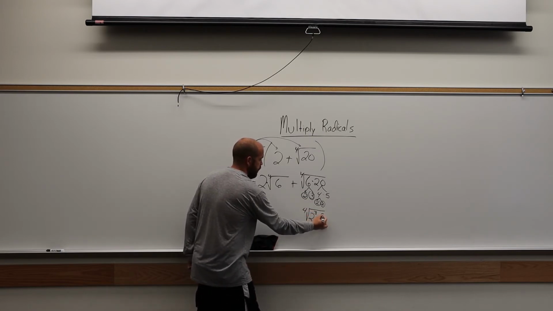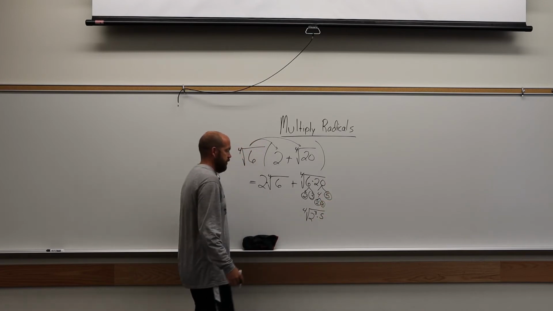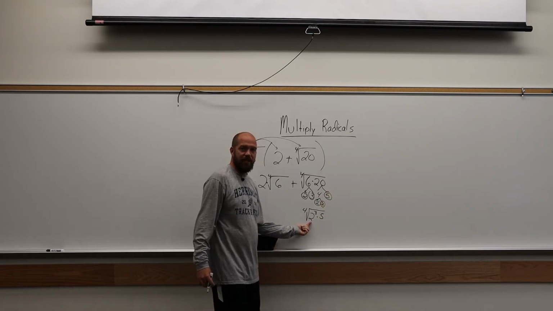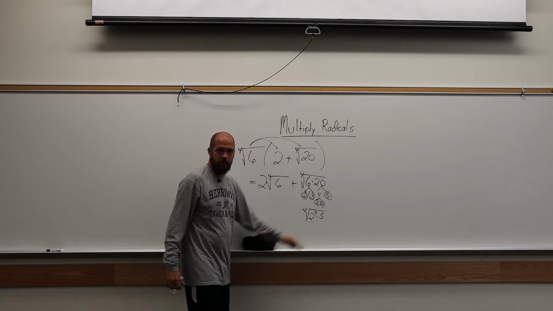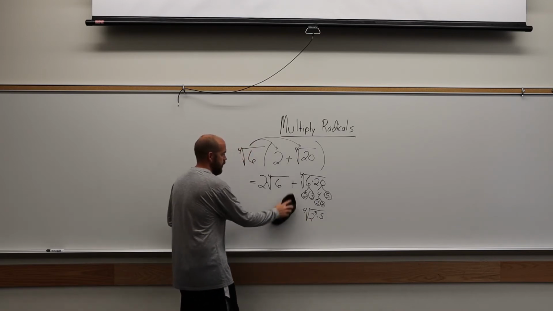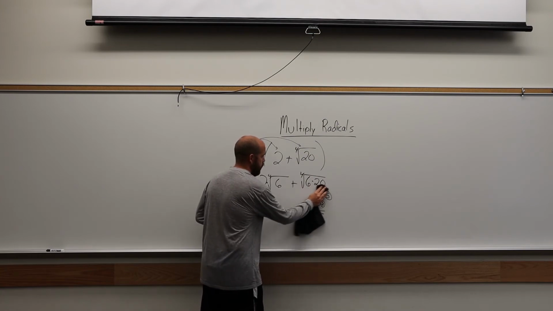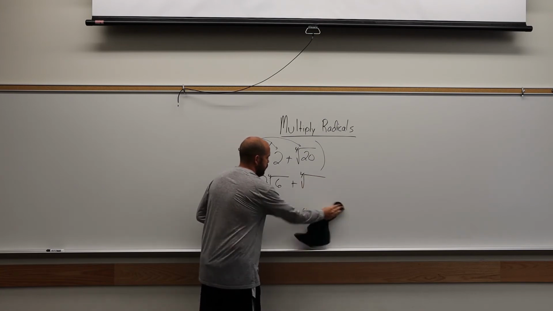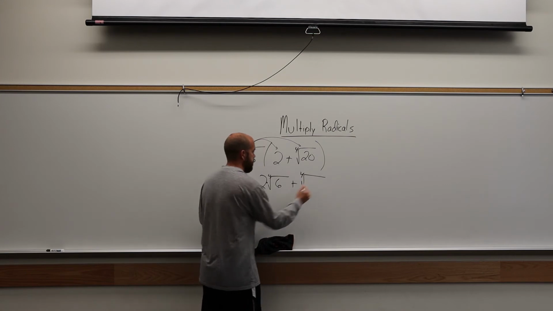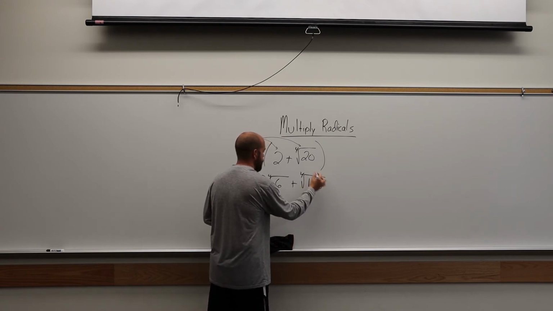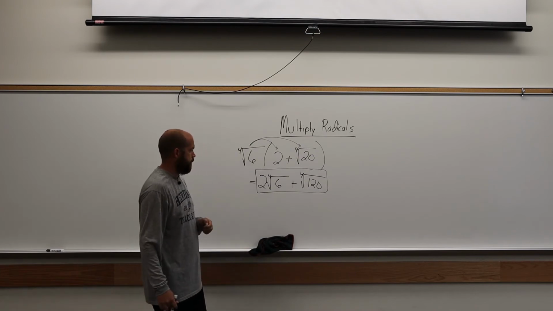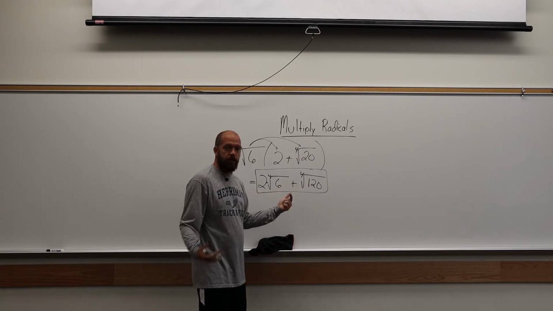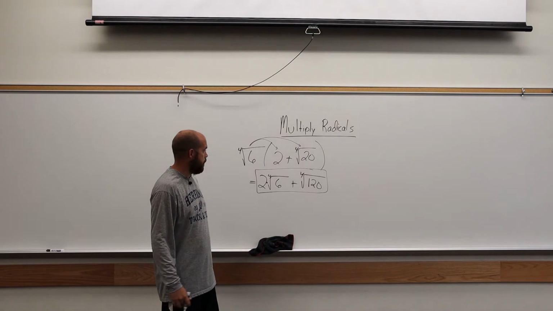And then I also have a 5. So do I have enough 2's to get out of this radical? Not quite. Almost. I thought I might be able to take it out, but I can't. So I just go back to 6 times 20, which is 120. And then these are not like terms. I can't add them together, so that's as far as I can go.